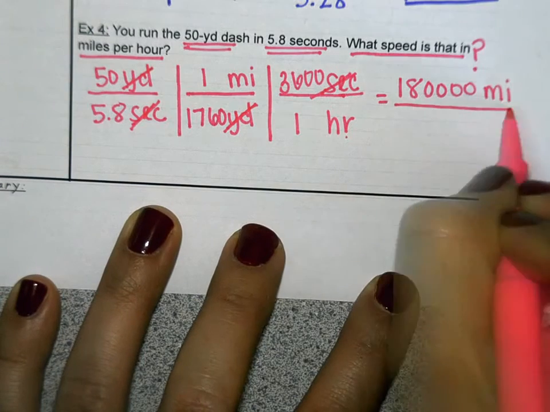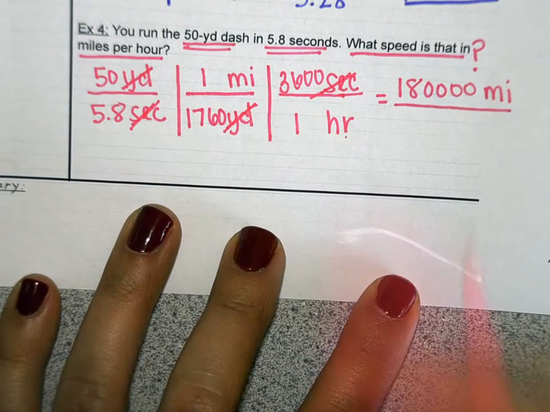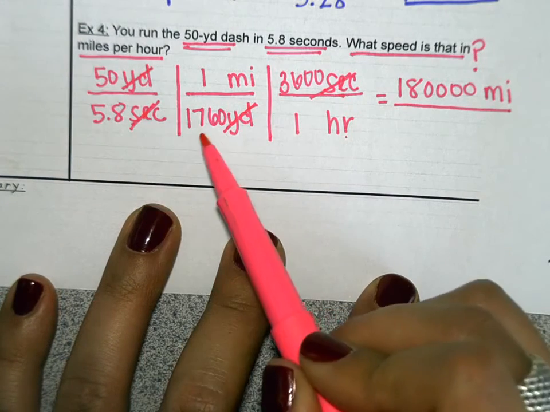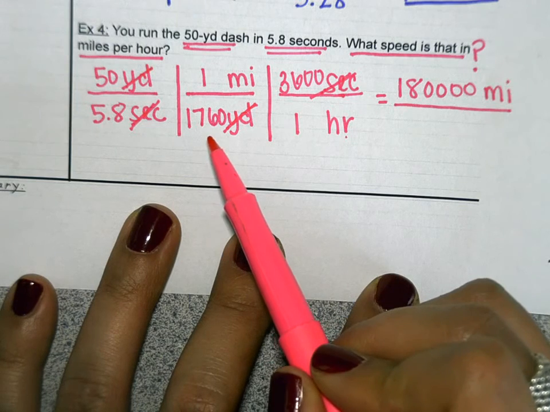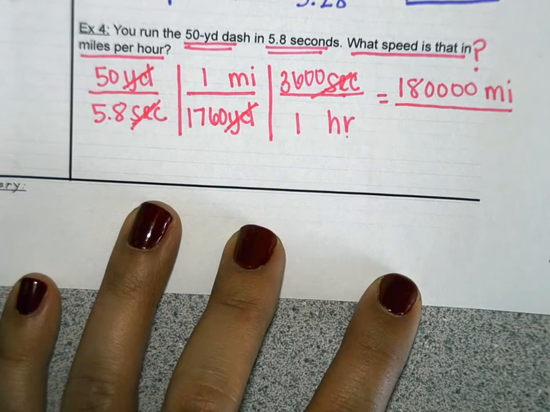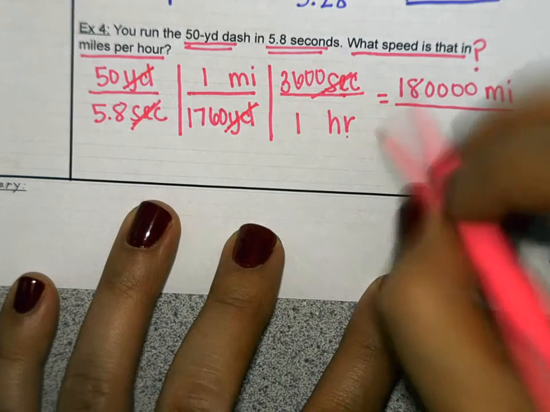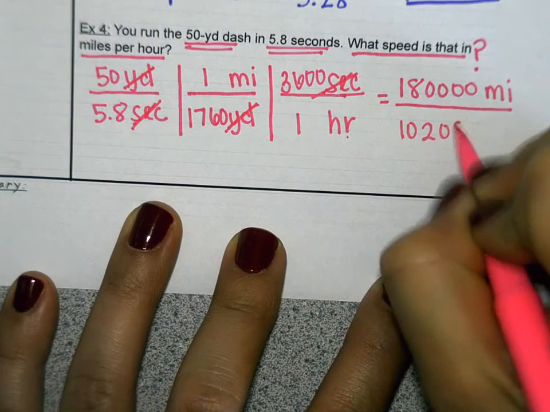Divided by 5.8 times 1,760 times 1 is 10,208 hours.